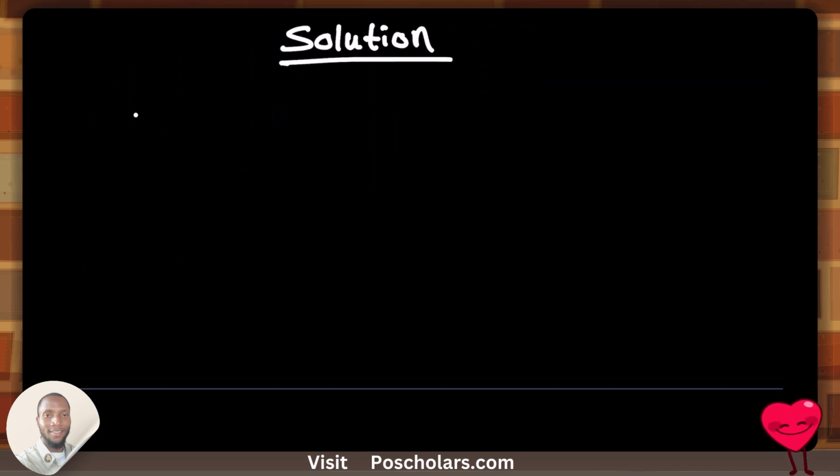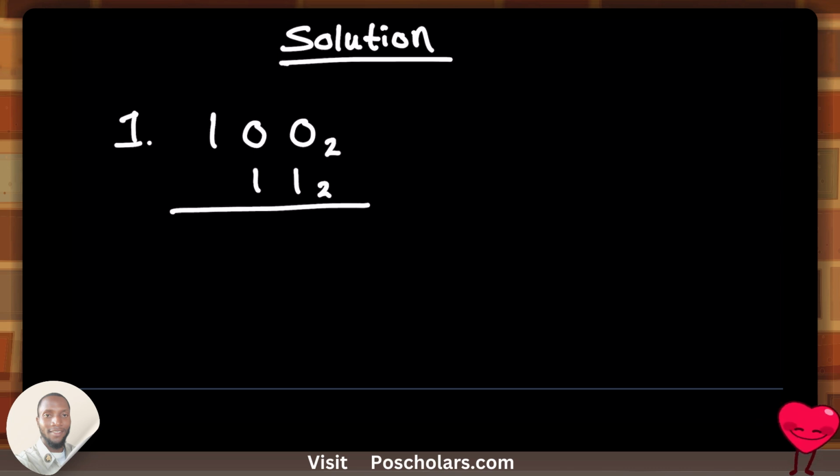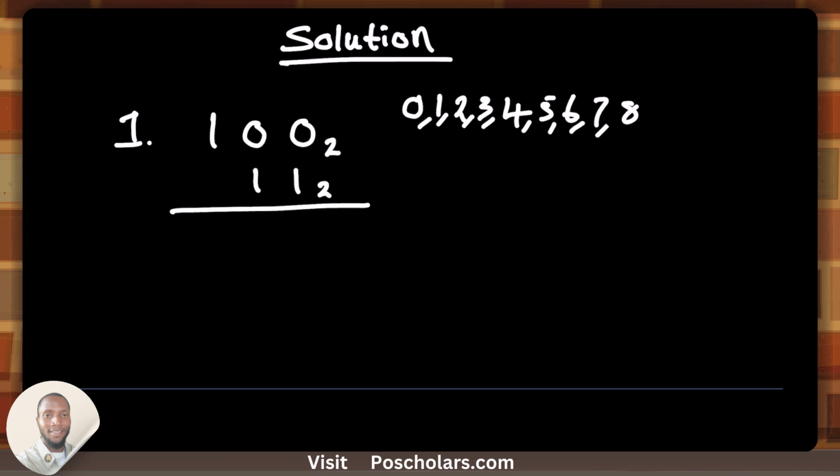Solution. Question 1. 100 base 2 minus 11 base 2. Good. Before I solve this, I need you to understand that there is a difference between base 10 and other number bases. The normal counting we know is always in base 10, right? If you are working with base 10, the digits are 0, 1, 2, 3, 4, 5, 6, 7, 8, and 9, right?